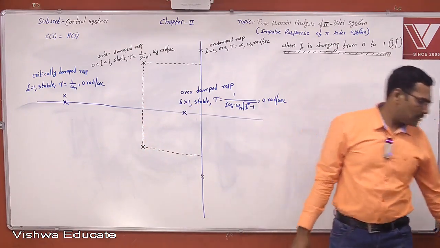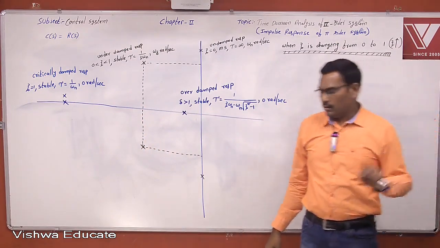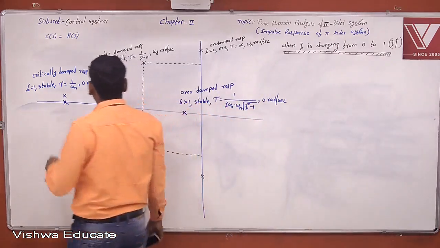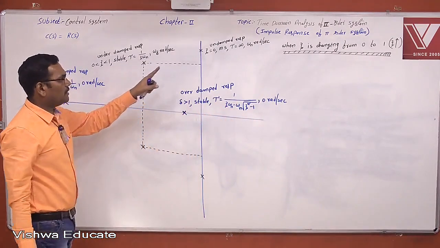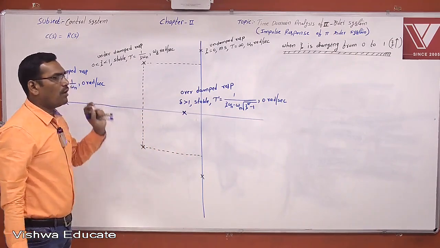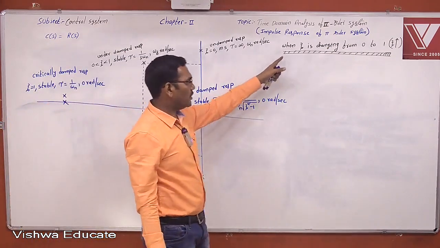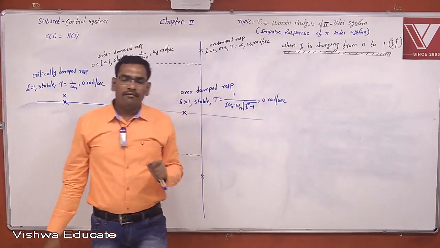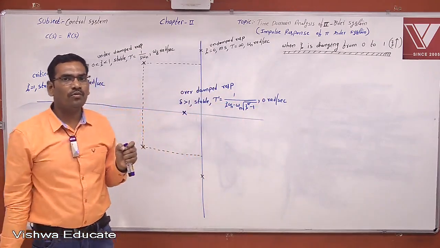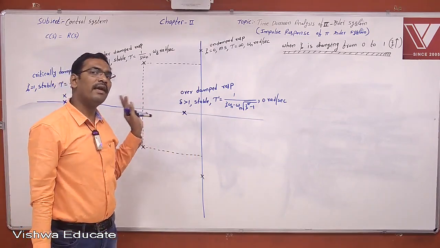Now students, just see here. What changes are observed? When zeta is changing from 0 to 1, where is the pole location and where will it move?